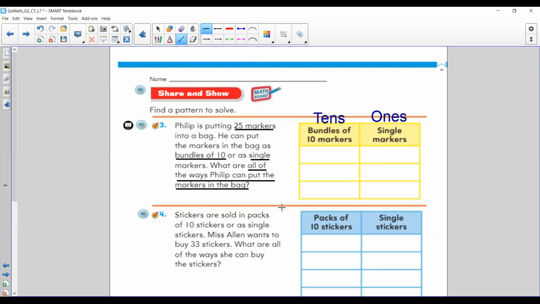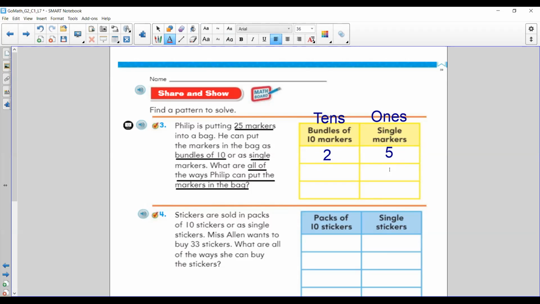So those are our important pieces of information. So if we go to the bundles, if there's 25 markers, that means 2 tens and 5 ones. So that's like 2 bundles of 10 and 5 single markers.